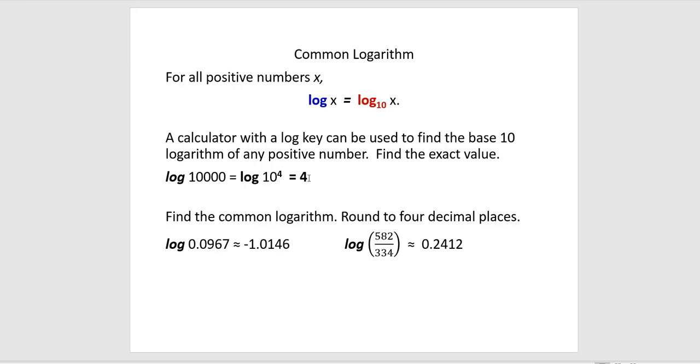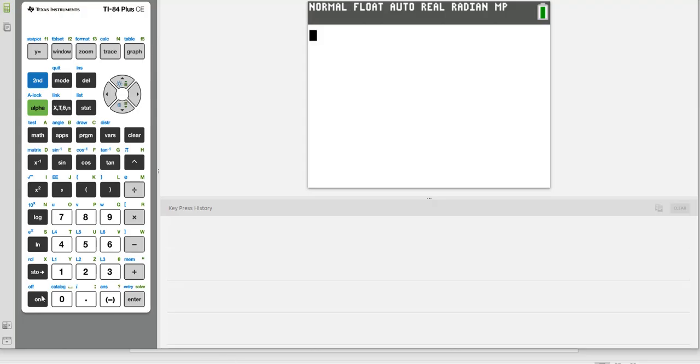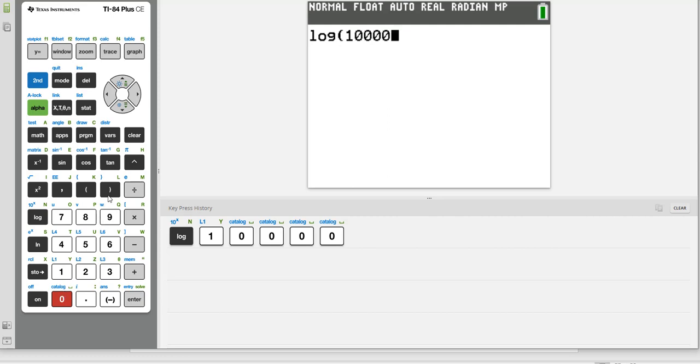This leaves us with an answer of 4. To evaluate this on the TI-84 calculator, press log, type in 10,000, and press the close parentheses. Press enter. 4 is our answer.